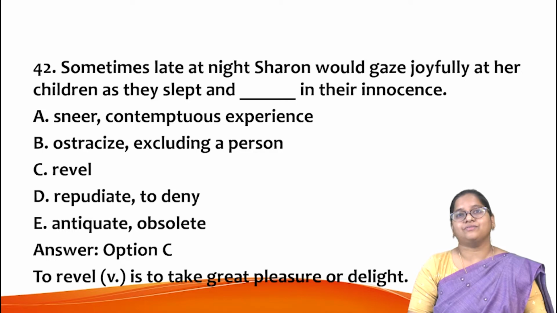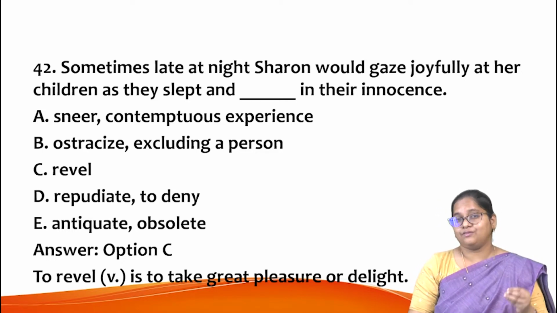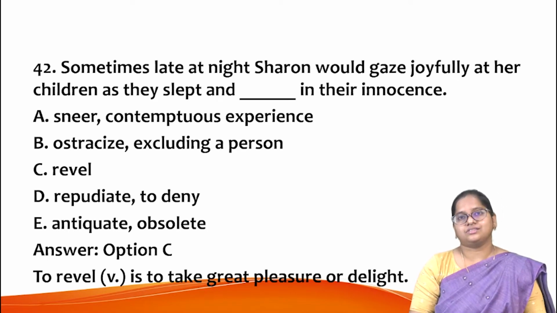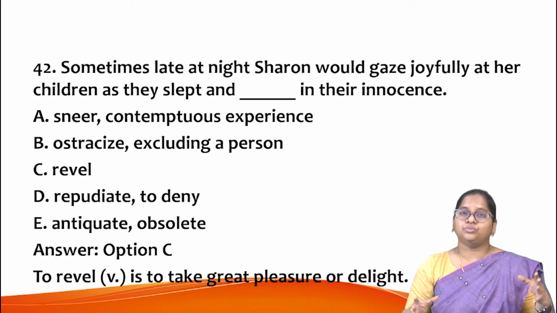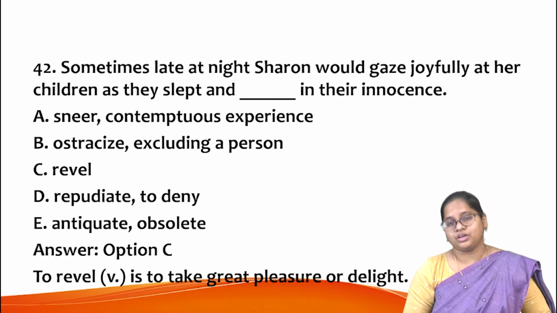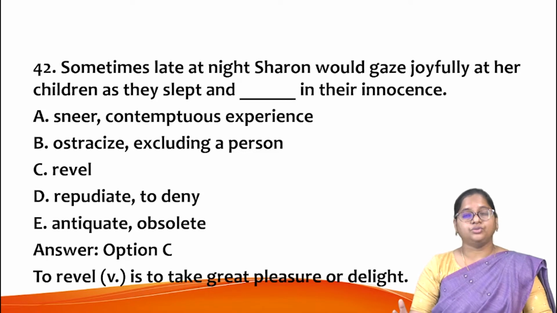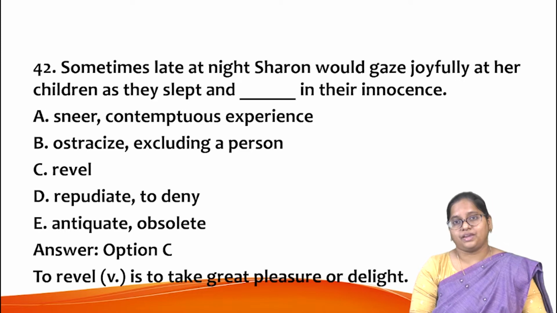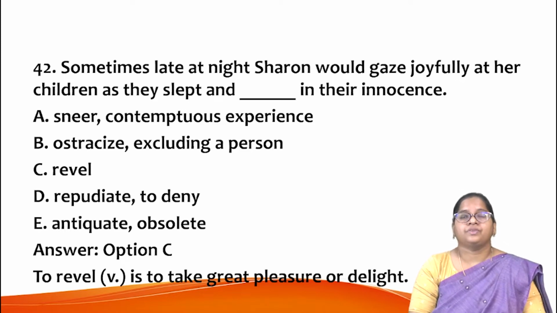Next is revel, where you feel happy seeing something, you take pleasure looking at it. The fourth is repudiate, where you reject something, show no acceptance, deny something. And antiquate is no more in use, obsolete.